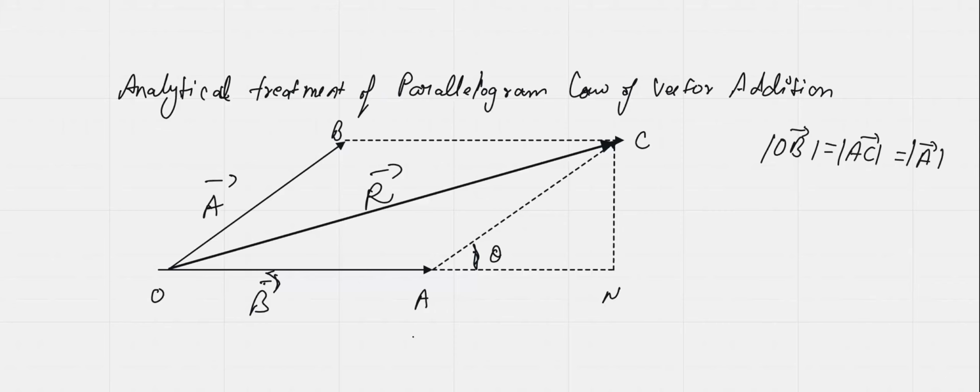Another thing they want to ask is that OB is also parallel to the A vector. That's fine. Now I can say that instead of this A to C vector, this will work in the A vector form. Clear? And if this is working as the A vector, the rest of the procedure is the same.